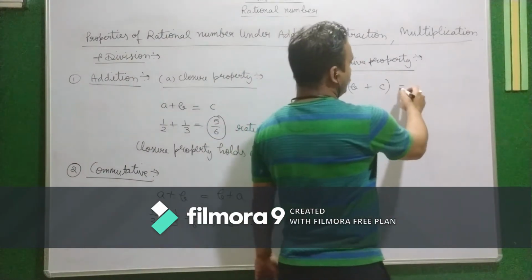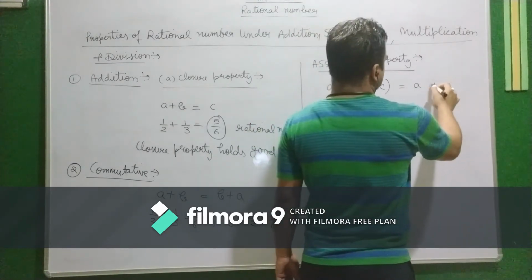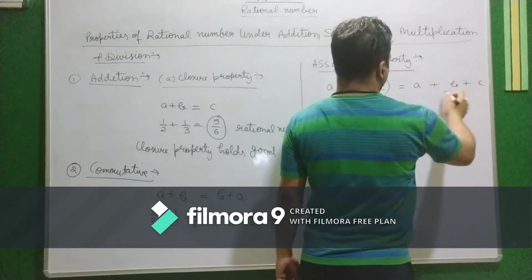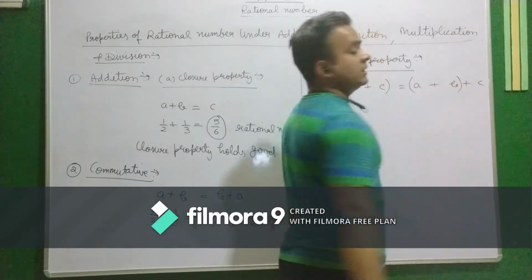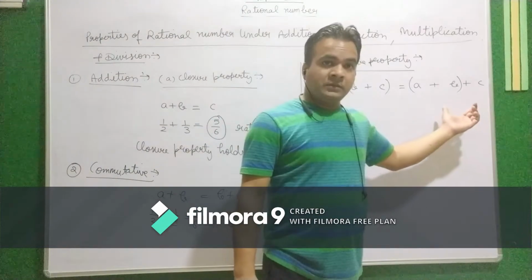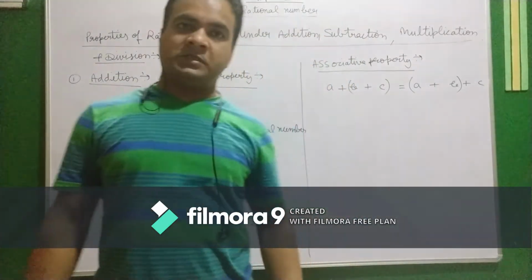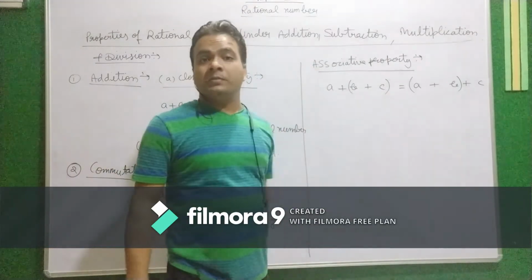Then you will check what value you are getting. If I say no, I will not take b and c together, we will take a and b together, now what will be the result? If we get the same result for both conditions, then we can say that the associative property holds good.